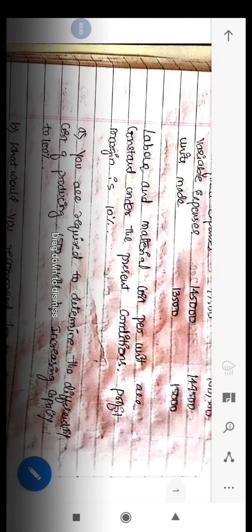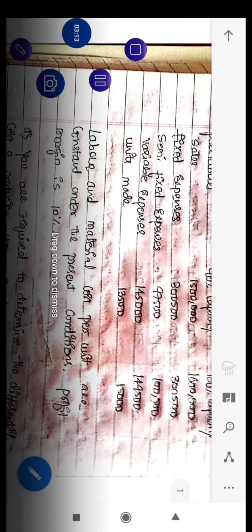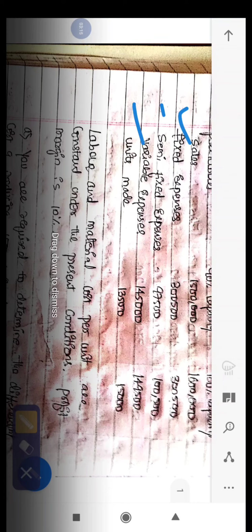Now the labor and the material cost. So here they have given information about fixed, semi-variable and variable expenses.